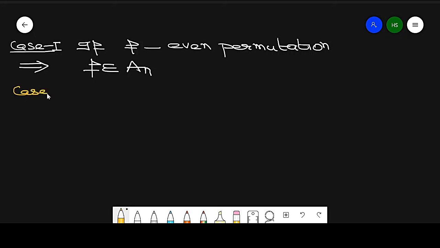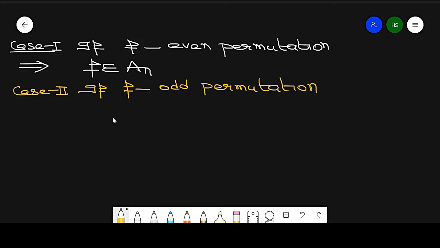Now case number 2. In this case, f is an odd permutation. If f is odd, then f(1 2) is even, because when we multiply an odd permutation by another odd permutation, it becomes even.